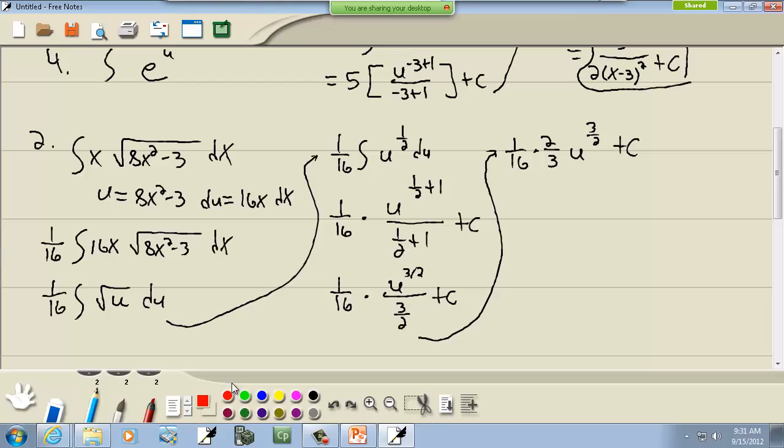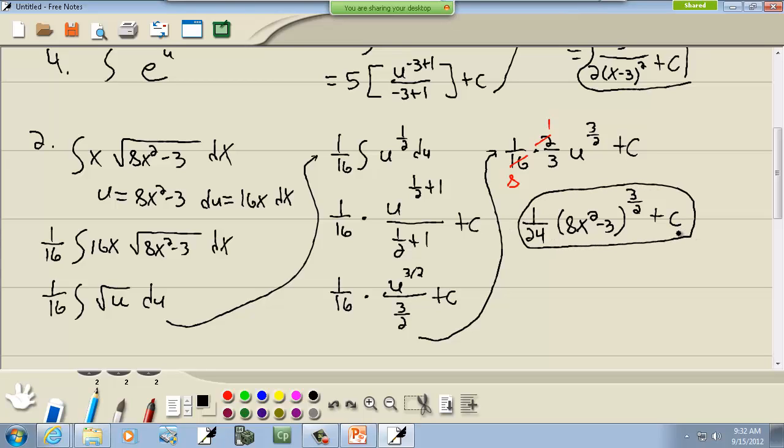The 2 and the 16 cancel. It gives me 1 there, gives me 8 here. So that gives me 1 over 24. And u, we said, was 8x squared minus 3. So I got 1 over 24 times 8x squared minus 3 to the 3/2 power plus c. And that's our answer.